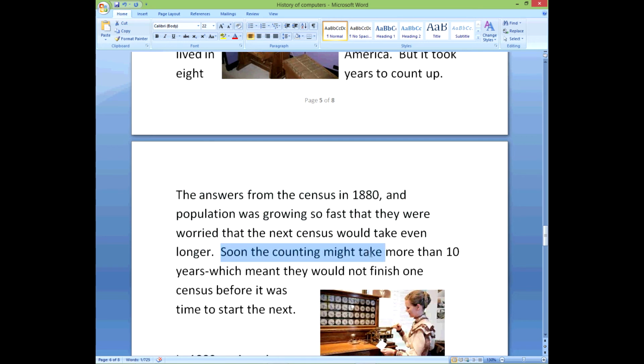Soon the counting might take more than 10 years because remember the population is growing. So when the population is growing, that means it's going to take longer and longer to count. And why do they take censuses? Because in order to know how much police to hire, how many fire stations to build, how much roads they're going to need.